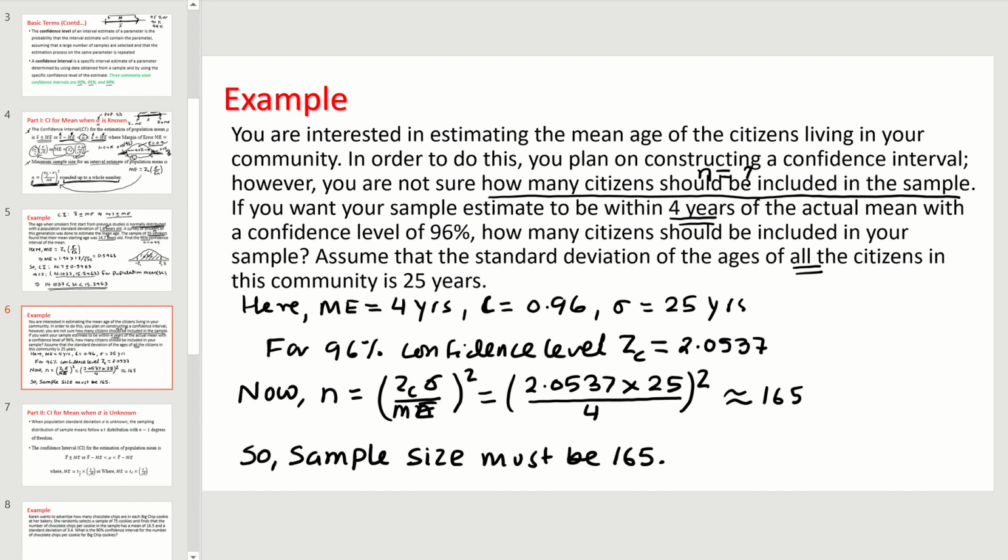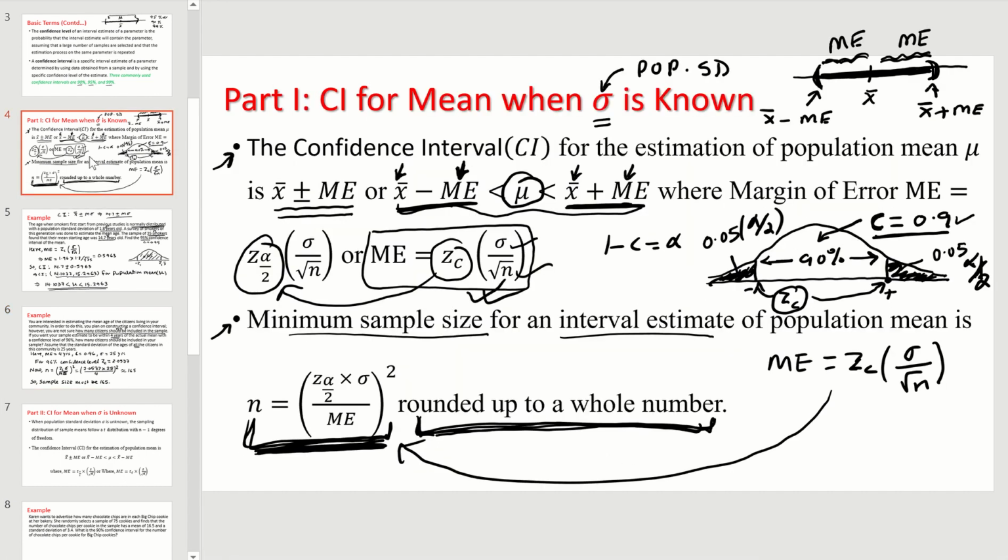Okay, so that is how we can find the sample size when we know the confidence level of the interval we are constructing. So we solved two problems based on what we have seen here. We have seen the formula for the confidence interval when the population standard deviation was given. And then the second formula was the formula to calculate the sample size.